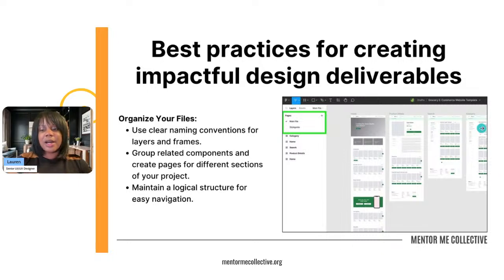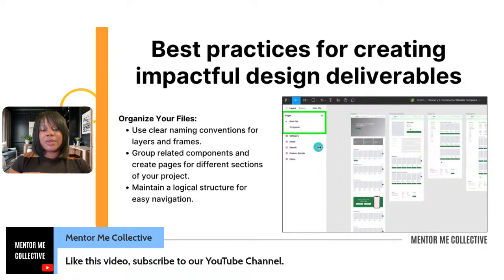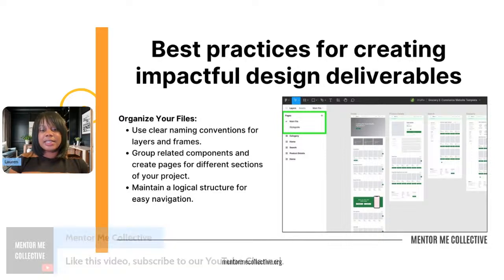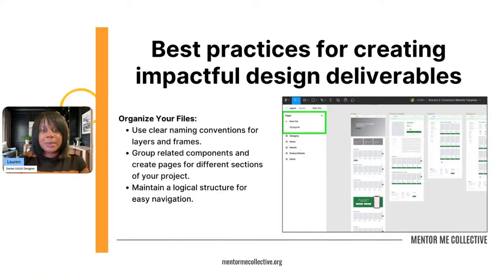So this is how the interface looks for the layers, where you can name your files accordingly, and within the frame you can nest certain folders. They're called pages, but it is the same concept as files and folders on your desktop.